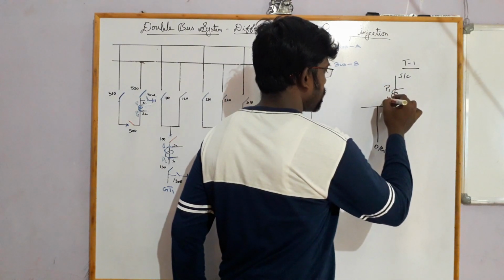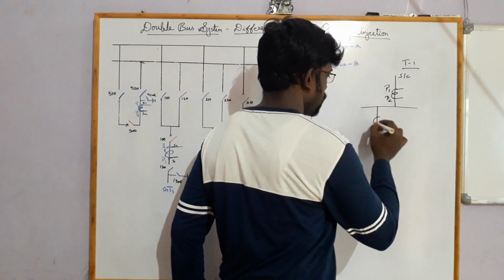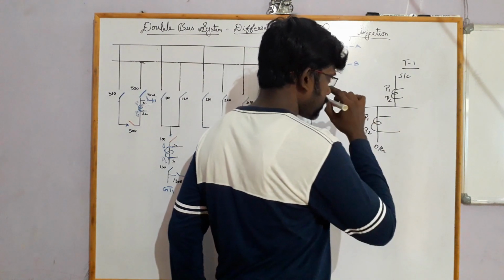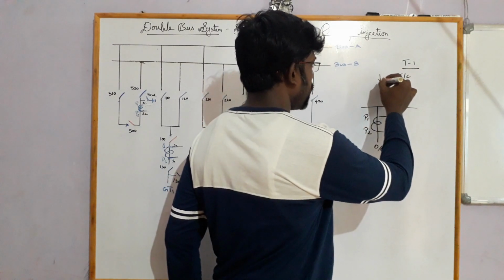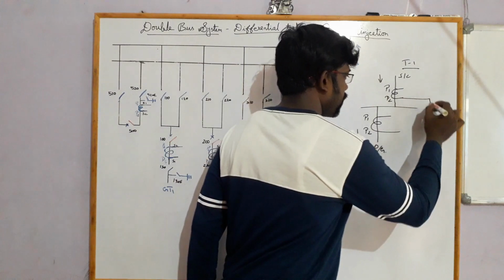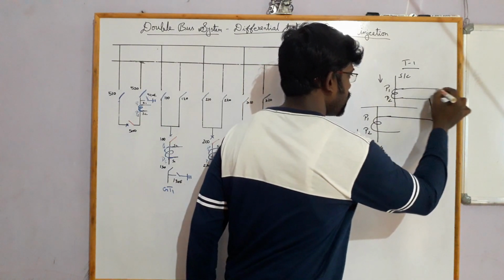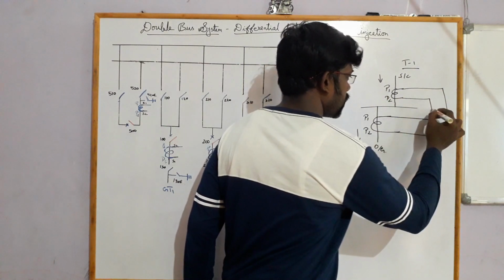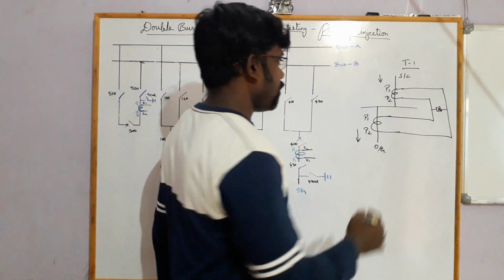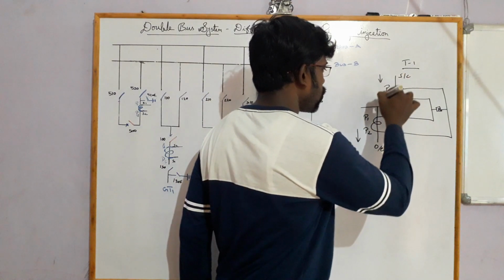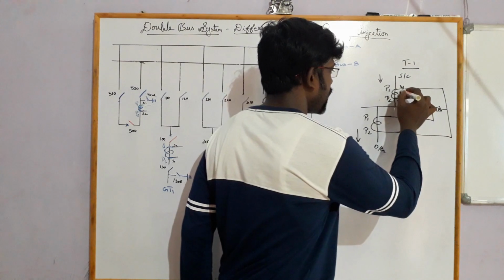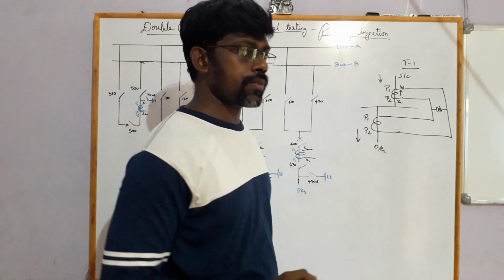Let us consider this is P1 and P2, same way P1, P2. So this is an incomer, this is outgoing. Here the differential relay is connected to the CT secondary like this. Then the current flows from P1 to P2, this is S2, S1. From the secondary, it flows from S2 to S1.